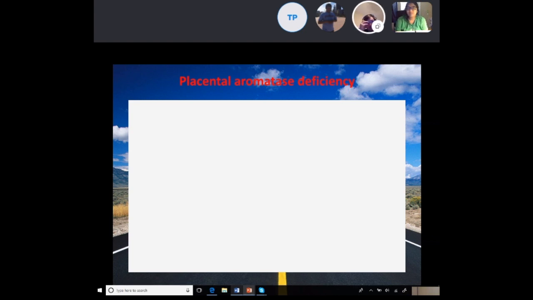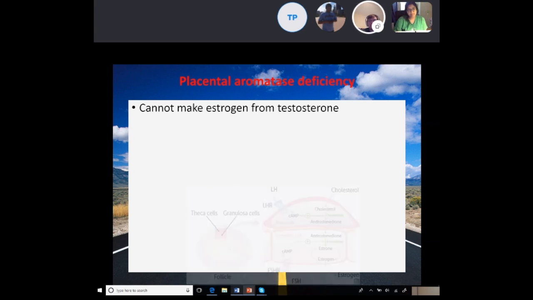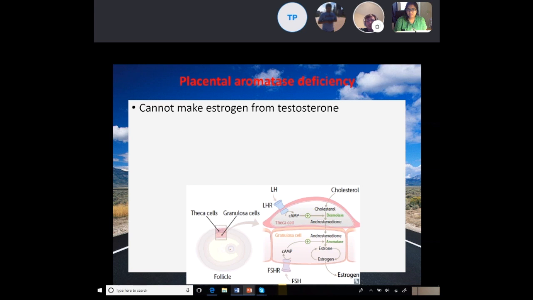Okay, so going over some specific diseases associated with this. We've got placental aromatase deficiency. So this is where you can't make estrogen from testosterone. In the theca and granulosa cells within a follicle, we have aromatase, which can turn androstenedione, which is a cousin of testosterone, into estrone, which is the type of estrogen we normally get from fat, and that is converted peripherally into estrogen.